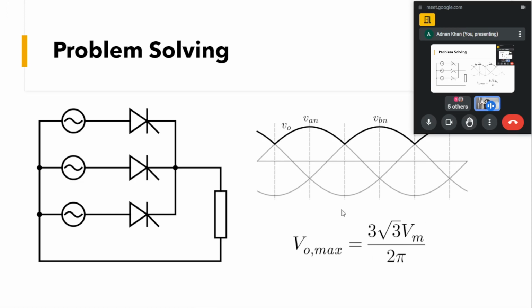So now we have to turn on these devices at some angle alpha, so that the voltage at the output is 50% of this maximum voltage.